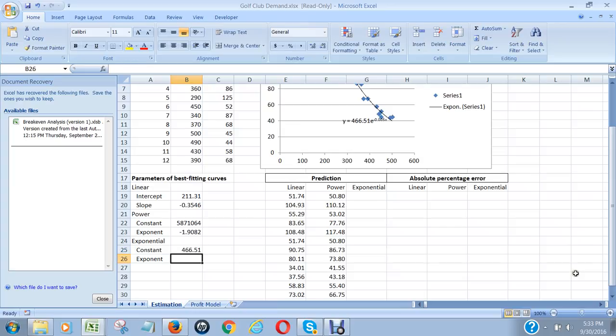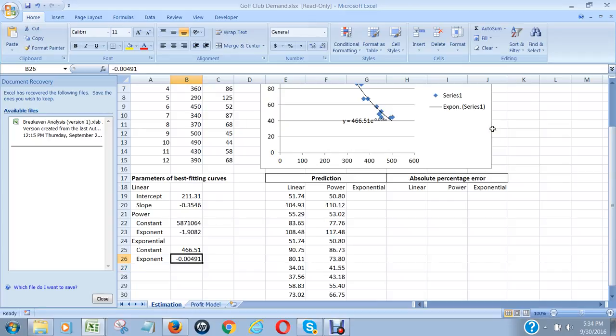Okay, I'm getting that from right here. 466.51 times e to the power of this number, which is negative 0.00491. Negative 0.00491.